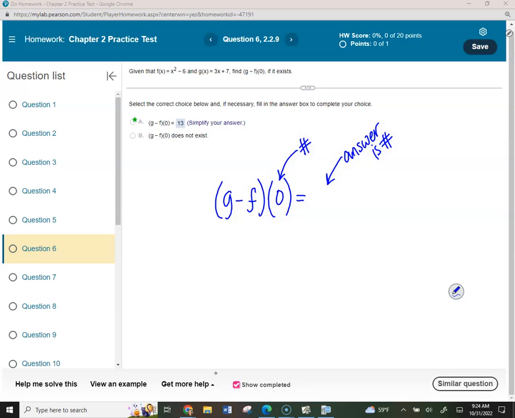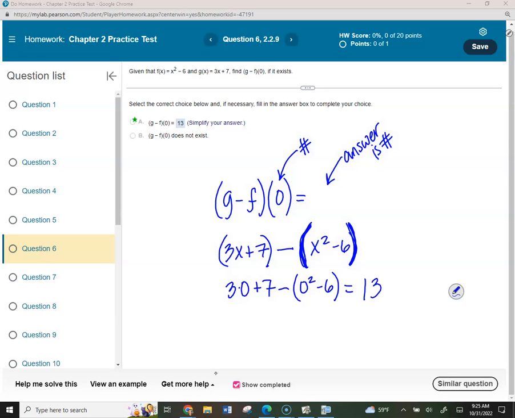You do have to set it up, so we have G, which is 3x plus 7, then minus F. You have to put parentheses right here after a minus sign, or it will give you the wrong answer. You can go straight to your calculator and type this in, but in your calculator you would enter 0.